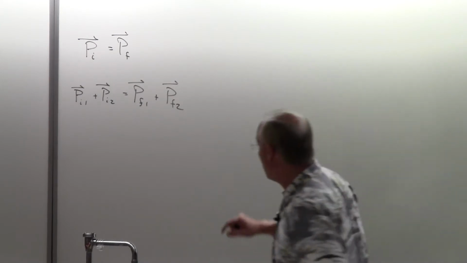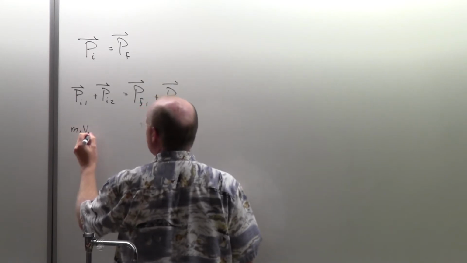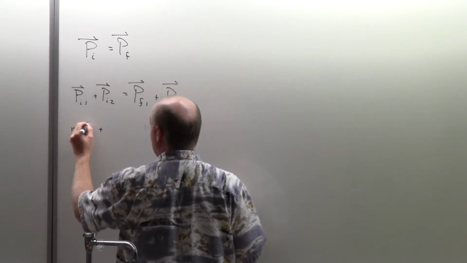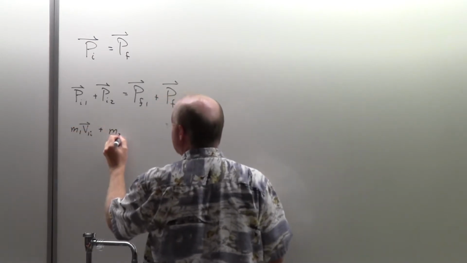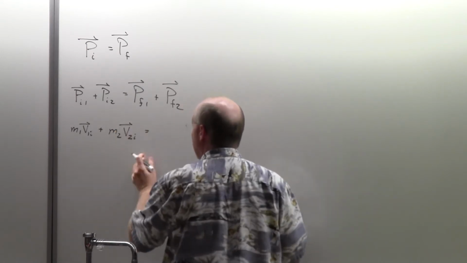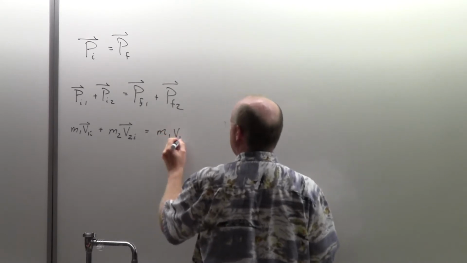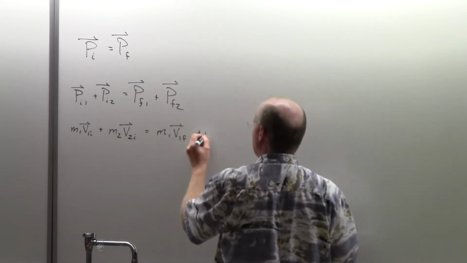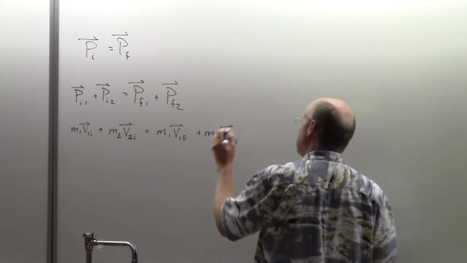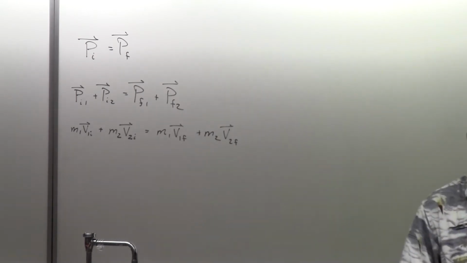And if we write that in more detail, that means mass 1 times velocity of number 1 initial, and I should even say vector, plus mass 2 times velocity number 2 initial must equal mass 1 times the final velocity of number 1 and mass 2 times the final velocity of number 2. Okay? And so that's the basic equation.